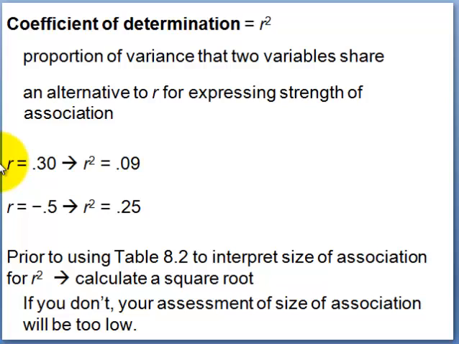So, for instance, were you to have an r of 0.3 and express that r as the coefficient of determination r squared, you'd multiply 0.3 times 0.3, and the coefficient of determination would compute to 0.09. So that's conveying to you that the two variables share 9% of variance with one another.